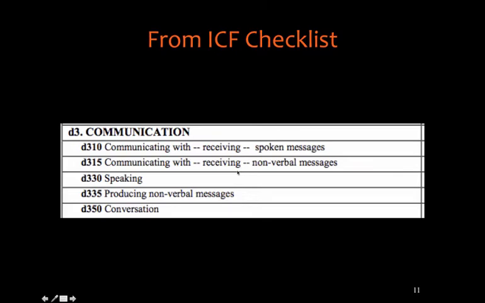D3 in the ICF is specifically communication. Under communication, the one most relevant on the oral rehab side is receiving spoken messages. Clearly it would be an activity that would be compromised with hearing loss, with hearing impairment.